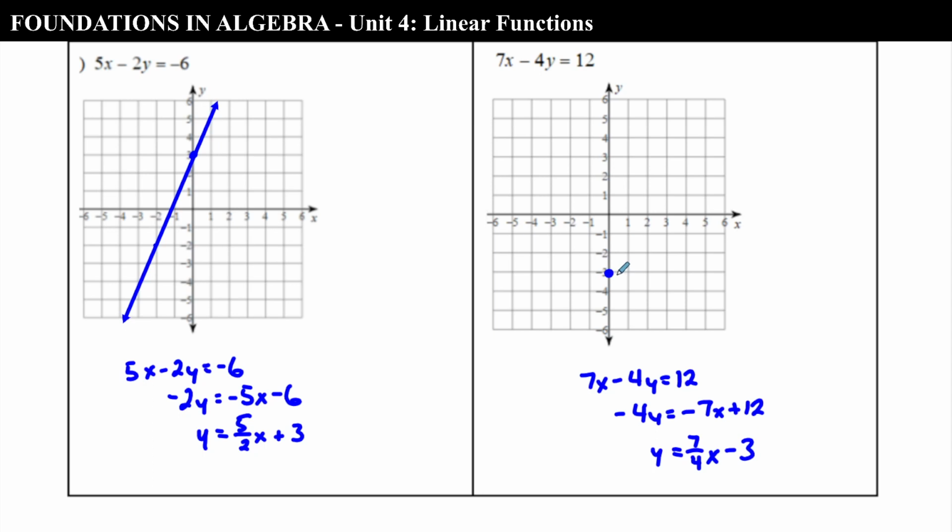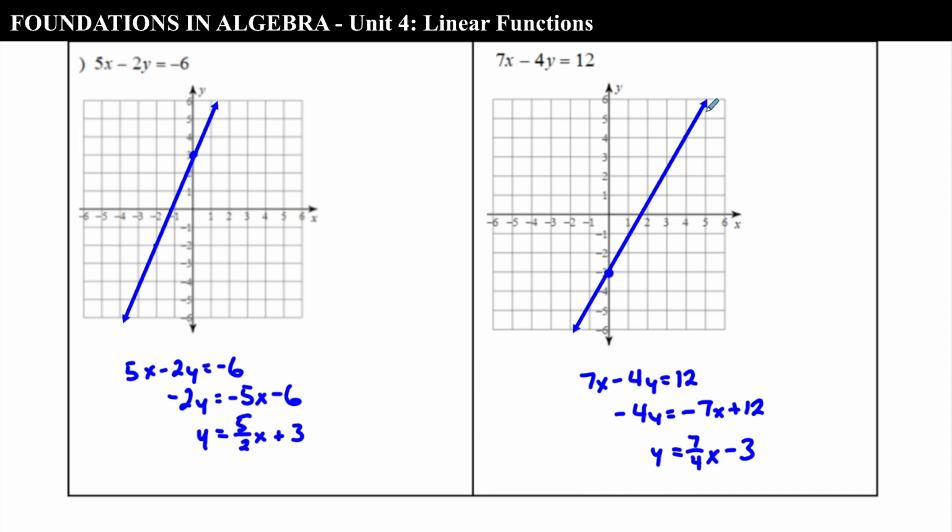And we are going to have a rise of 7, 1, 2, 3, 4, 5, 6, 7, and a run of 4, 1, 2, 3, 4. And we will plot our line through those points. Let me get it just a little bit more accurate here. There we go.